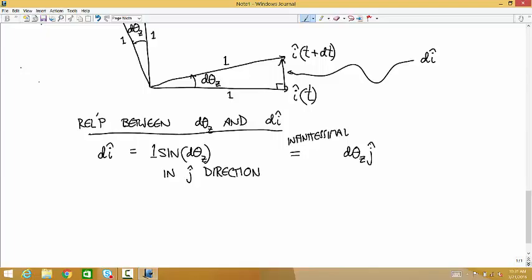And now divide both sides by dt, and you get that di dt, the thing that we're looking for, is equal to d theta z dt times j. What's d theta dt? Just think about the definition of the angular velocity. This has to be equal to capital omega z times the j-axis.